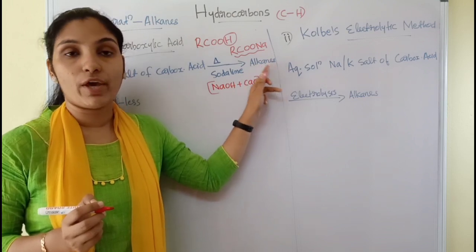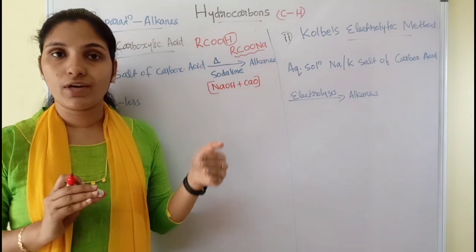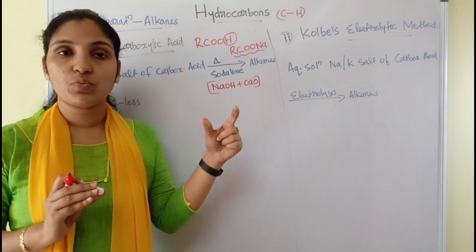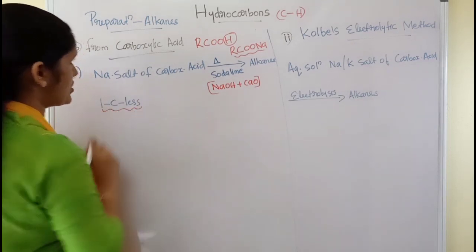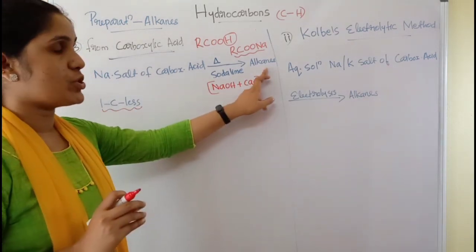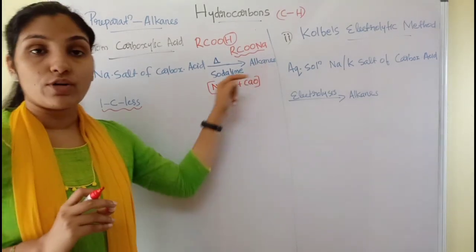But here, what is the speciality? We will get the alkanes which contain one carbon atom less than the carboxylic acid.